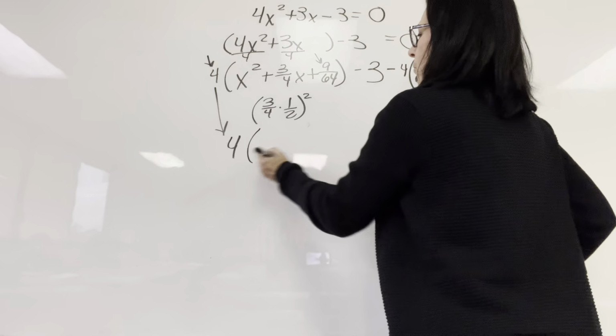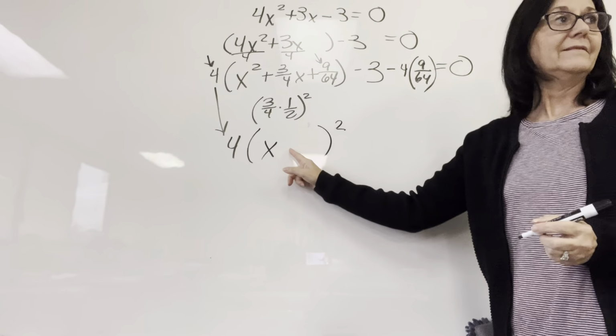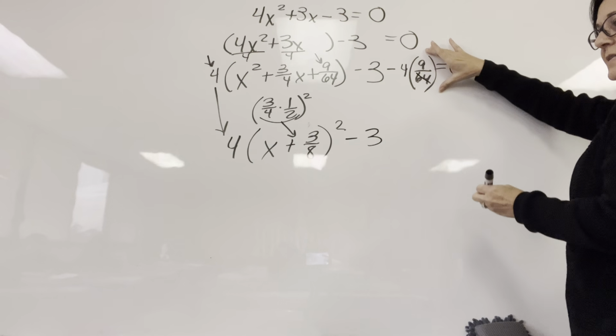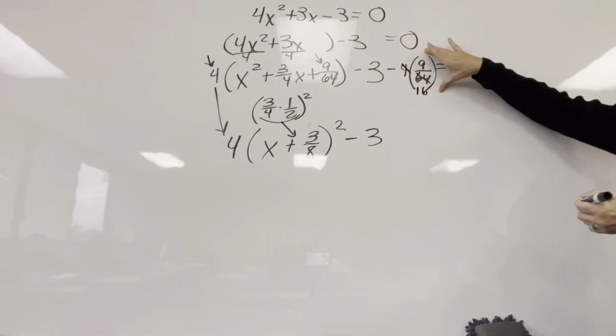All right, now what is left inside here? What's inside my binomial squared? Same thing, half a b. So it's going to be plus 3/8. And I am going to simplify. 4 goes into 64 what? 16 times, right?